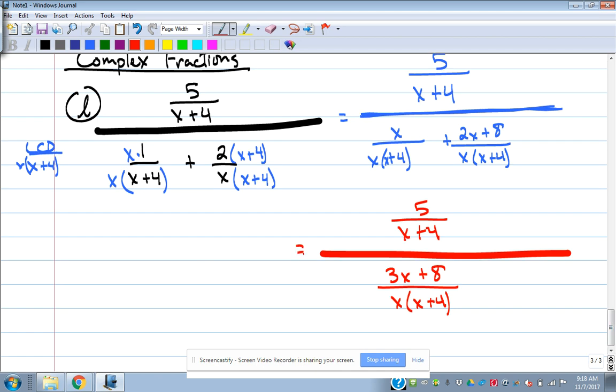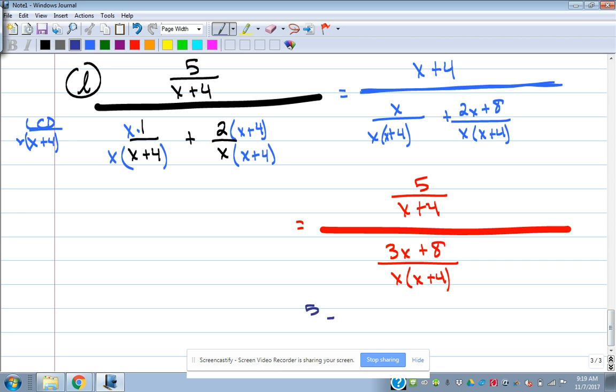Now, what did we say this big thick bar was? It's division. It's this divided by that. So we flip the bottom one and multiply. That's 5 over x plus 4 times x plus 4 over 3x plus 8.